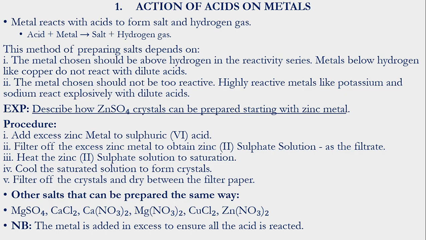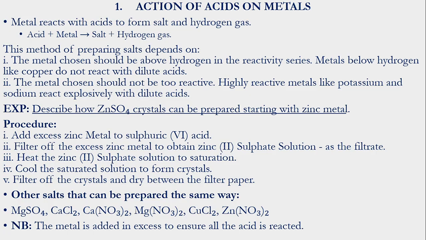Now we heat the zinc sulfate solution to saturation. So we want the zinc sulfate as crystals. Steps 3, 4, and 5 are the steps of obtaining crystals. After we heat it to saturation, we cool the saturated solution to form crystals.